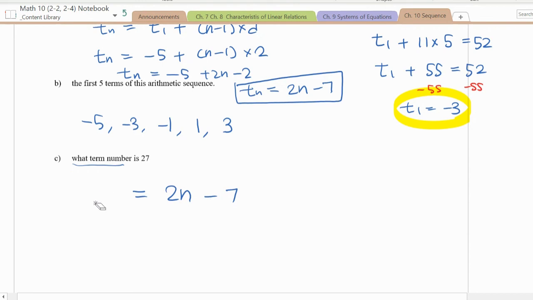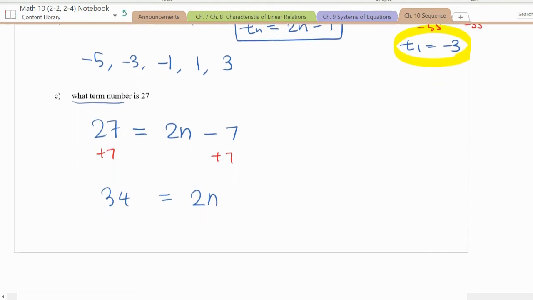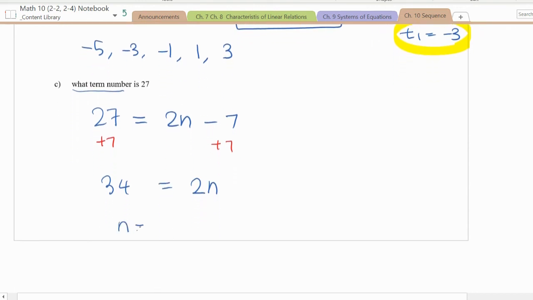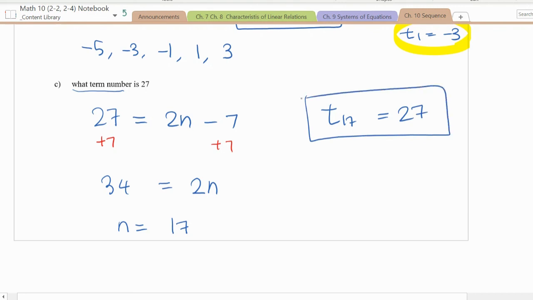It says the term is 27, and it's asking you to find n. How would you find it? Add 7. Then 34 equals 2n. Then n should be 17. So the 17th term is 27. So this is the answer.